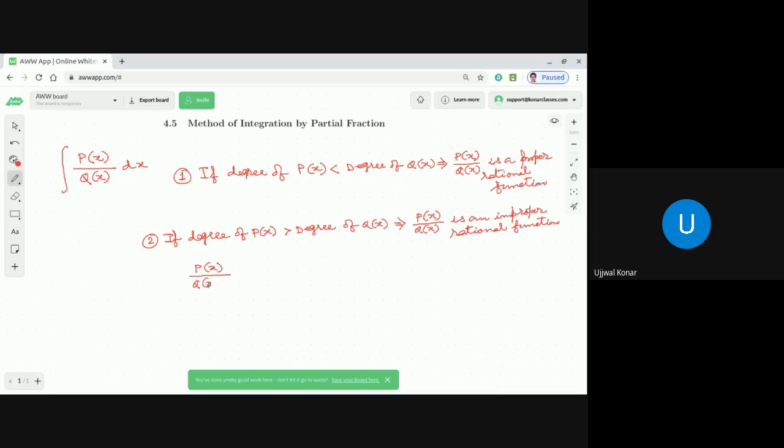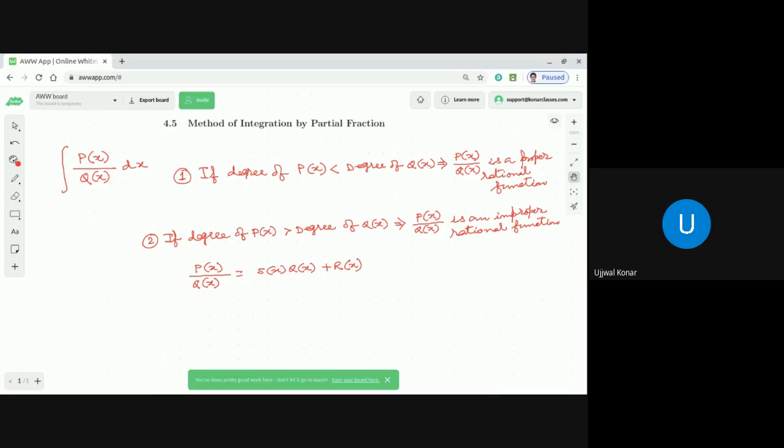Dear students, if you remember Euclid's division lemma, we get a quotient s(x) into q(x), plus we get one remainder, correct or not? Clear or not clear? Yes.